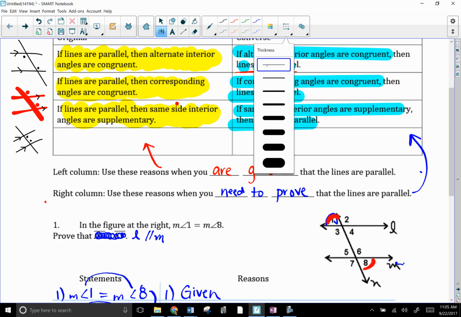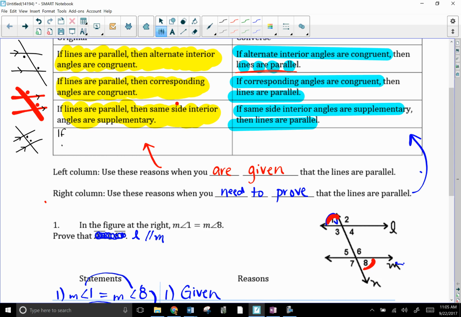Let's try again. I meant to write, if lines are parallel, then alternate exterior angles are congruent.